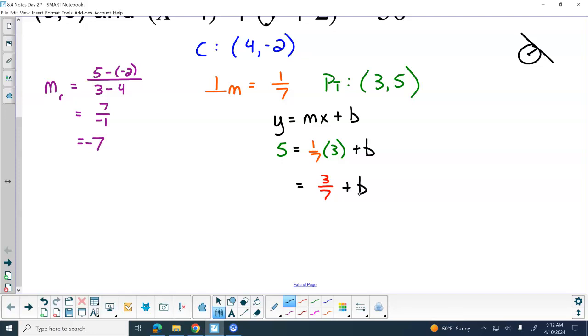I'm going to write it like 35 over 7, because 35 over 7 is also 5. Okay? Now I got to subtract 3/7 from both sides. And so I get 32/7 as my b.